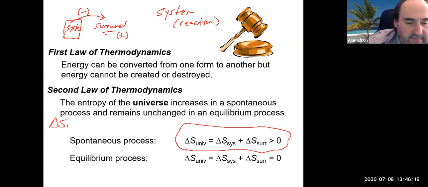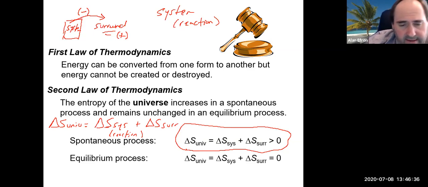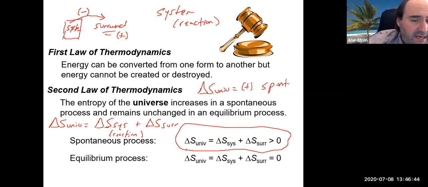And the delta S of the universe is basically made up of 2 things: the delta S of the system, which a lot of times is the reaction, plus the delta S of the surroundings. Now, if you calculate the delta S of the universe and you get a positive number, then that reaction is going to be spontaneous under those particular conditions.